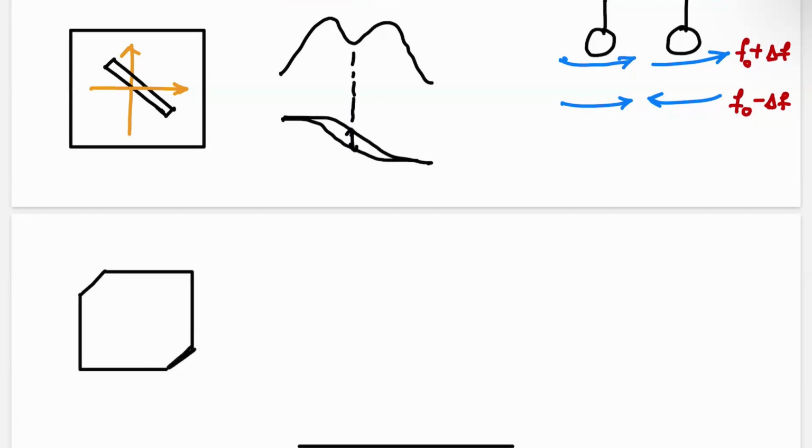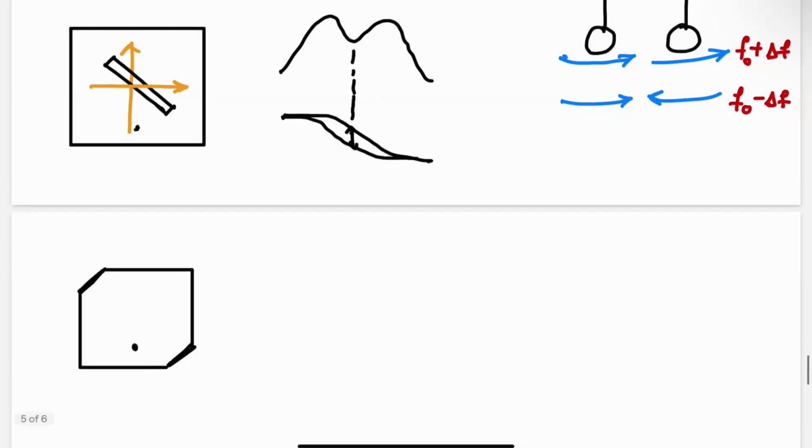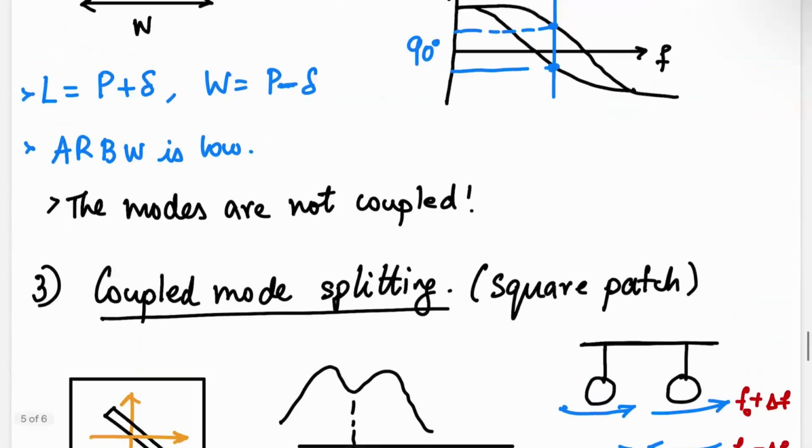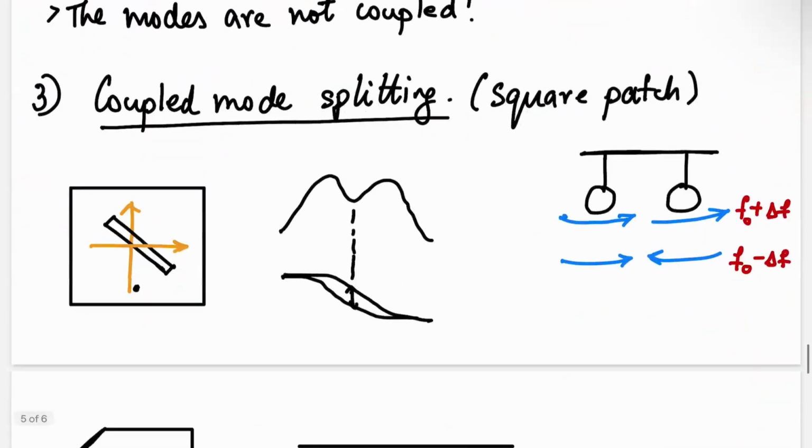You make these diagonal chamfers, they're called, on the ends. And the same feed here. Even in this case, you can just feed it here, so you have a single feed with this nice behavior. Again, that also makes those two modes interact.